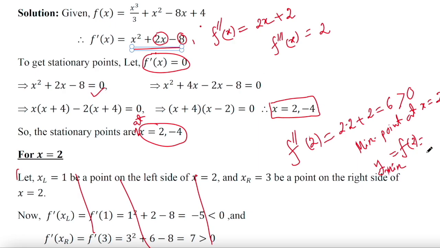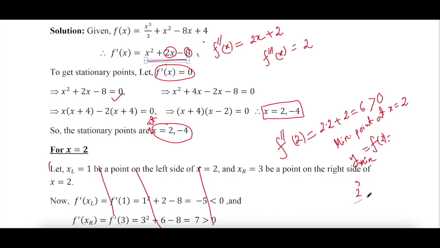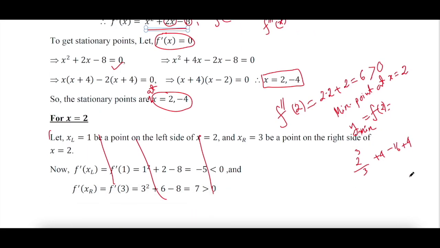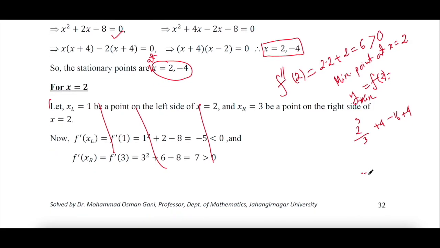If you put 2 here, you will get 2 cube by 3 plus 2 square, which is 4, minus 8 into 2, which is 16, plus 4. So this equals 8 by 3 minus 8, which is equal to 8 minus 24 by 3, which equals minus 16 by 3.